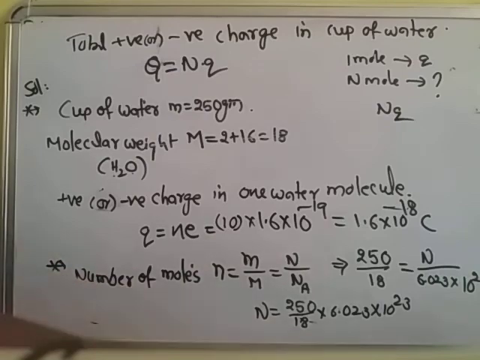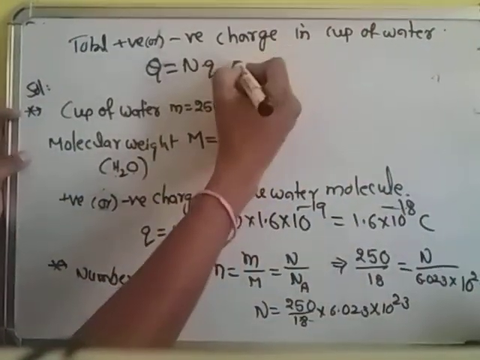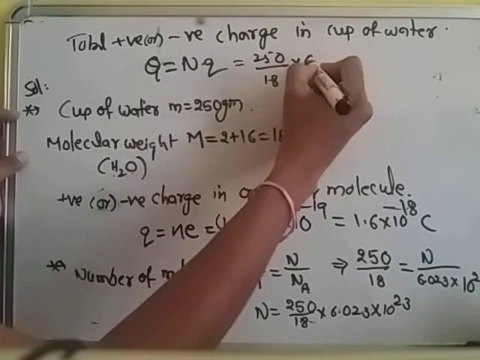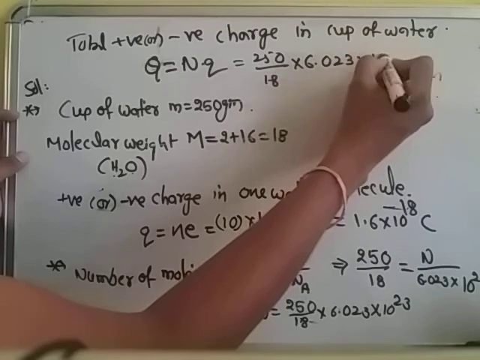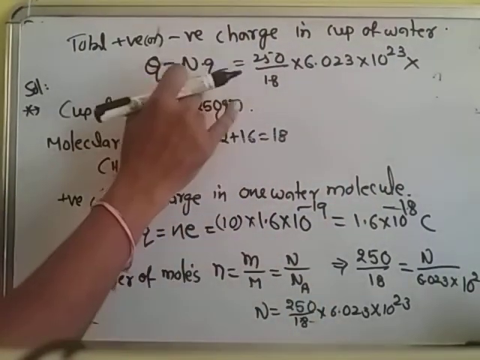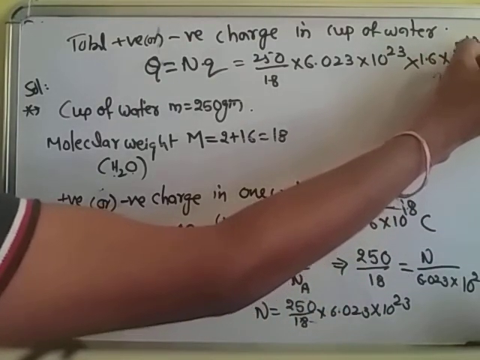Capital N into small q, where capital N we already know, that is 250 by 18 into 6.023 into 10 to the power of 23, into the charge small q, whose value we already know, 1.6 into 10 to the power of minus 18.